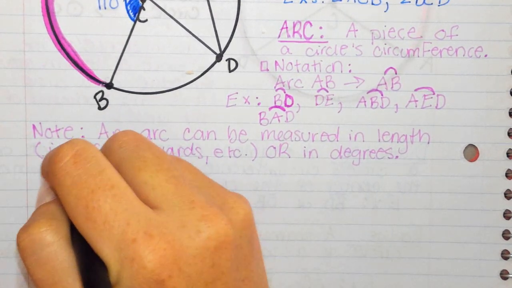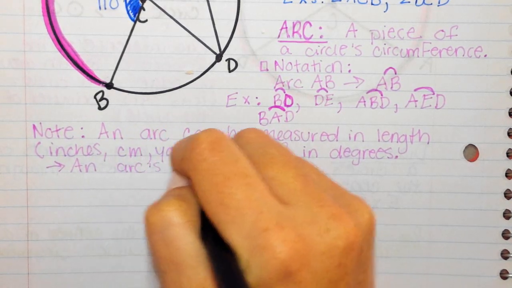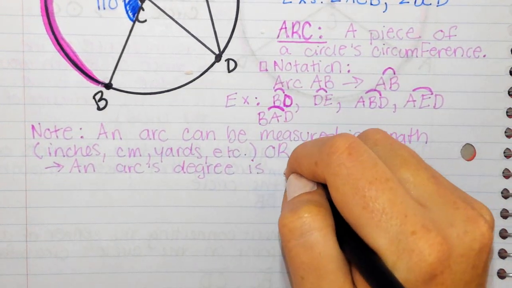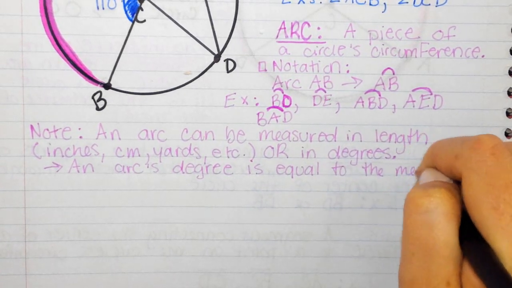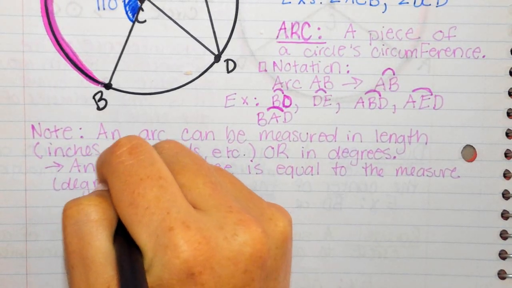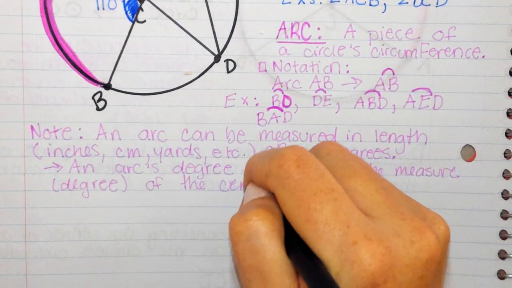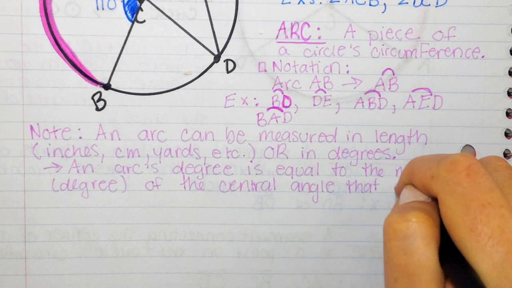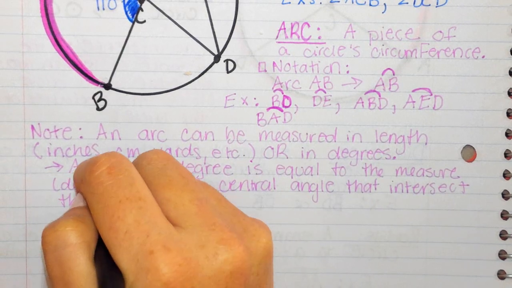So we're going to write that down here. An arc's degree is equal to the measure or degree of the central angle that intersects that arc.